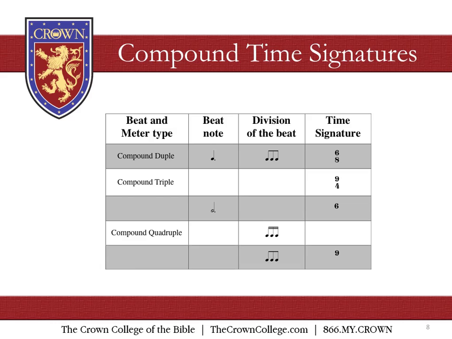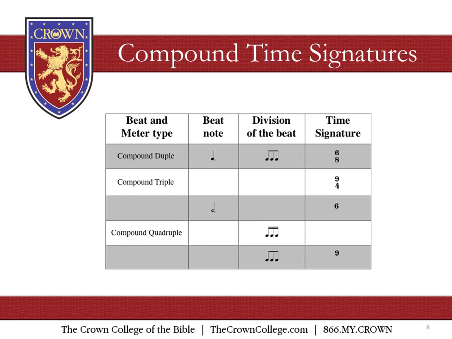Now let's find out the beat note. Remember, in compound time signatures, the bottom number is the division of the beat. And in compound time signatures, the division of the beat is into a group of 3. So my division of the beat is 3 quarter notes. What is my beat note then?